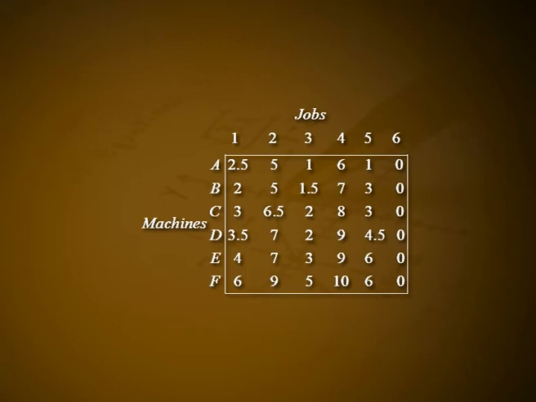For B 2, 5, 1.5, 7, 3, 0. For C 3, 6.5, 2, 8, 3, 0. For D 3.5, 7, 2, 9, 4.5, 0. For E 4, 7, 3, 9, 6, 0 and for F 6, 9, 5, 10, 6 and 0. Now, following the usual procedure of solving an assignment problem, an optimum assignment is obtained.